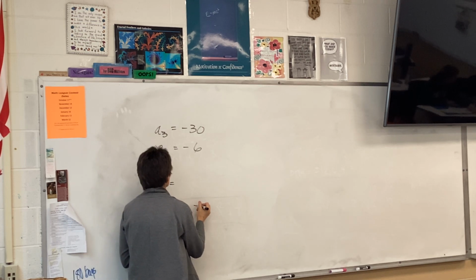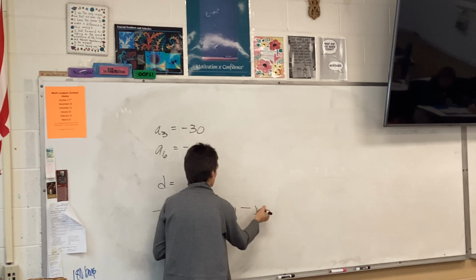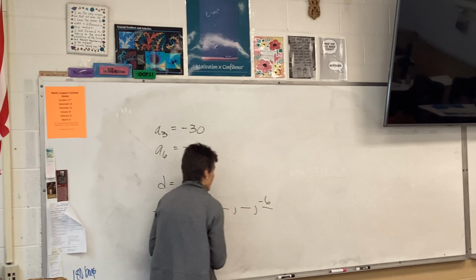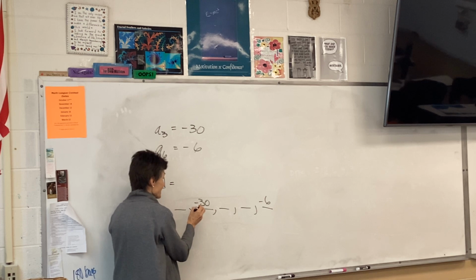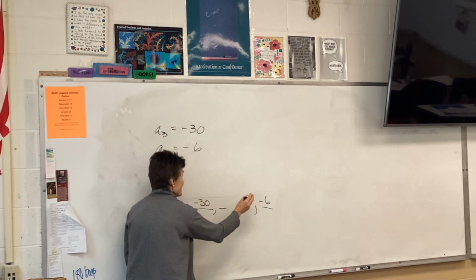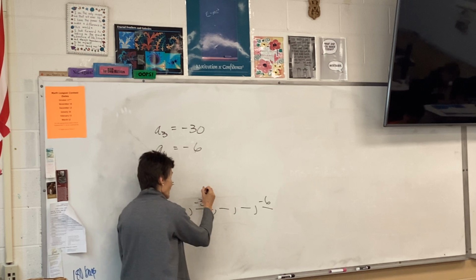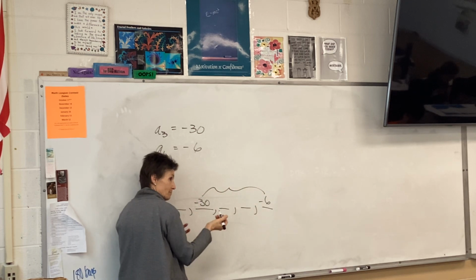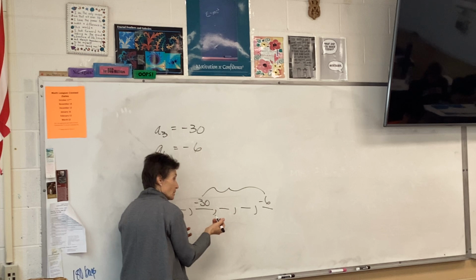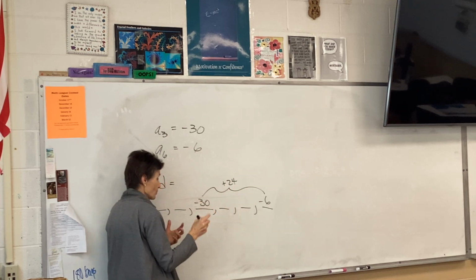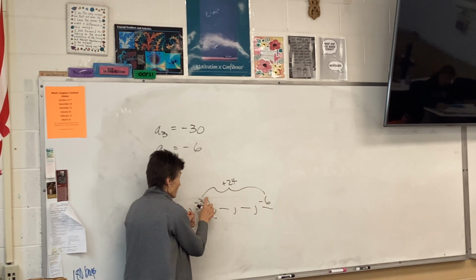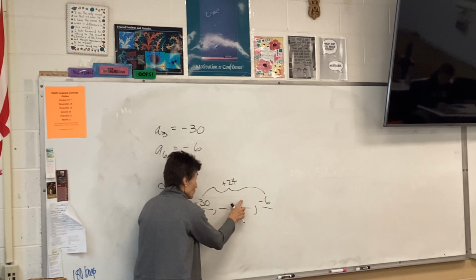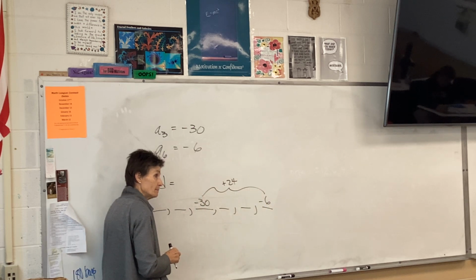If we drew a picture of this sequence, here's the third term, fourth, fifth, and here's the sixth term. All right? We know that to get from negative 30 to negative 6, we would have to add a total of what? 24. We also know that because that's the third term and that's the sixth term, we're taking 1, 2, 3 steps to accomplish that.